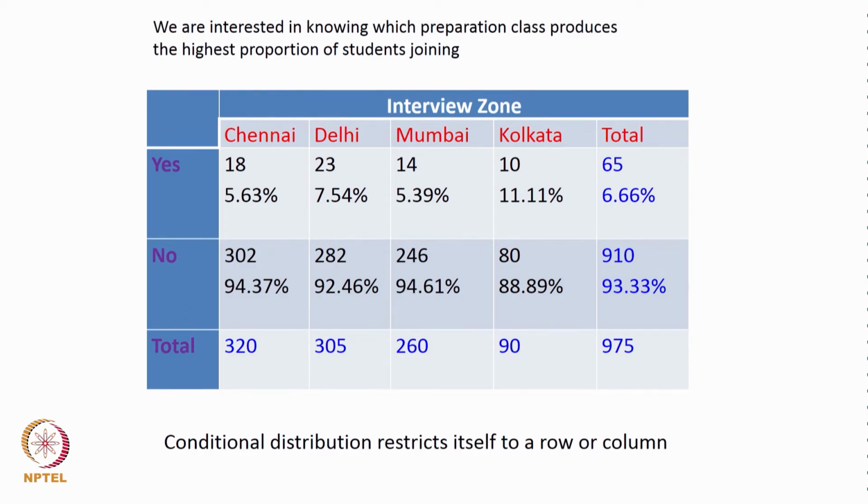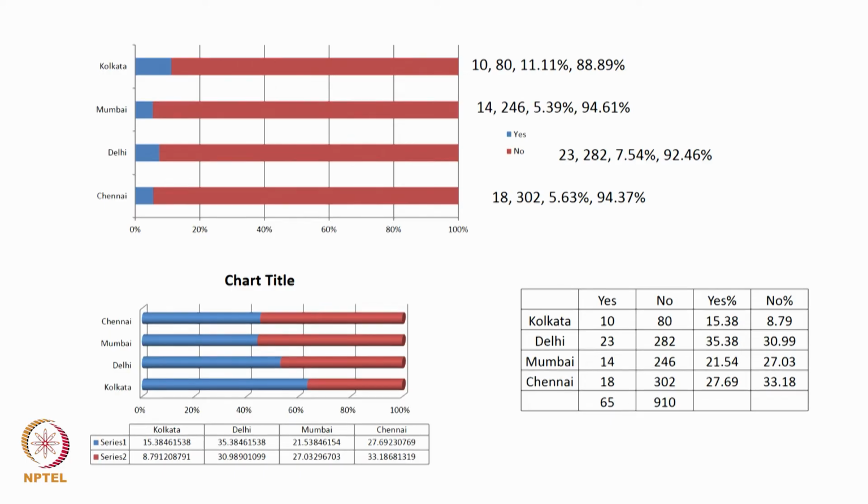So, here the conditional distribution is the city with a yes or no, it restricts itself to a column, and yes or no again with respect to the city restricts itself to a row. Now, we look at some pictorial representation of this data. The first picture is a bar chart, but this bar chart also represents in the form of percentages, and then it shows the 4 places where, for example, the interviews were held.